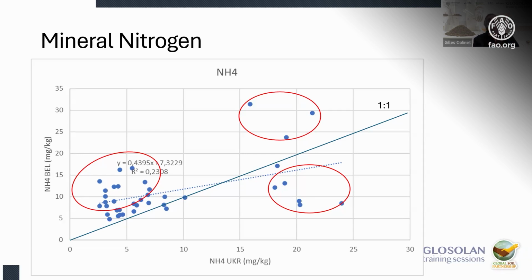Oh, I think it depends really on the parameter that you follow. I will show later on for other parameters, but for some you have extractants that are very similar in behavior, or in what they target as elements.